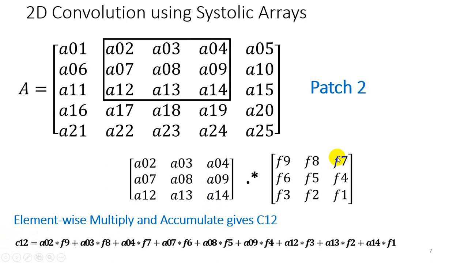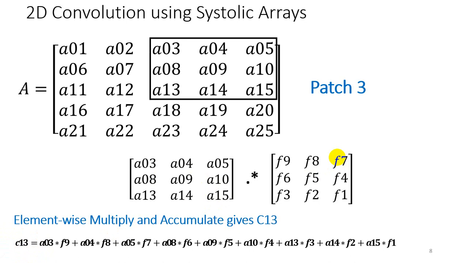Similarly, for the next patch, we also perform element wise multiplication with the filter, and similarly for the third patch we have the same dot multiplication or matrix multiplication with the filter.